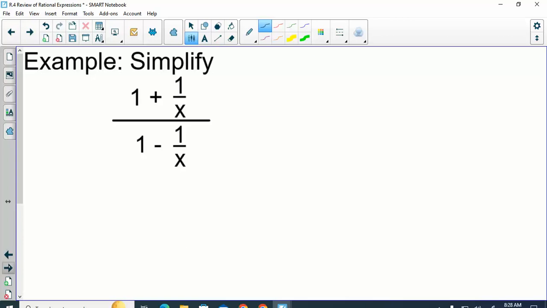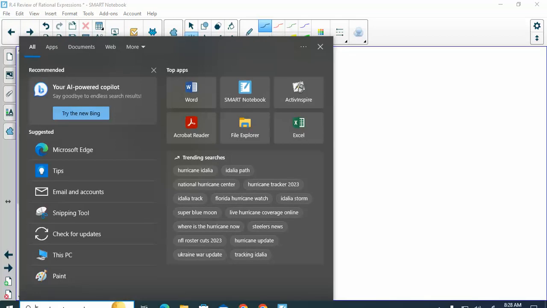So if I'm looking at this, kind of messy because of the fraction and a fraction. If I look, my denominator here is an x, and there is an x. So easiest option would just be multiply everything by x.